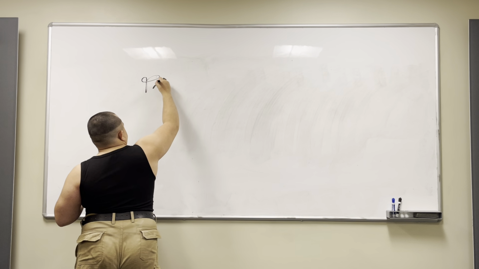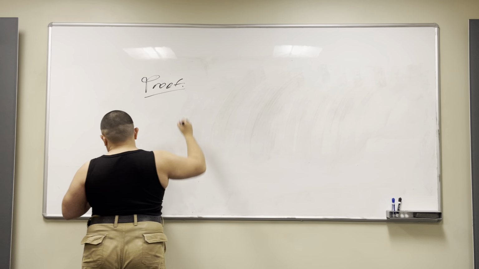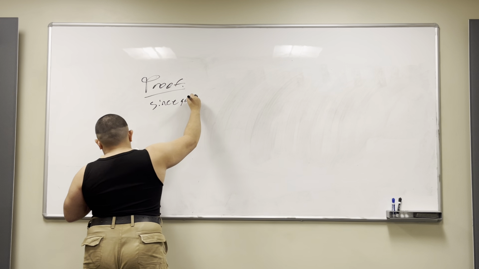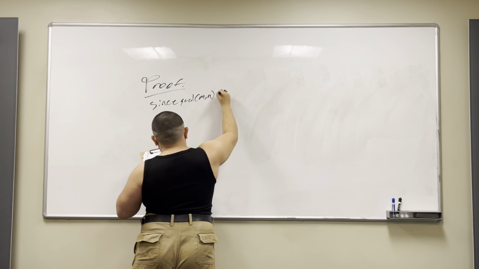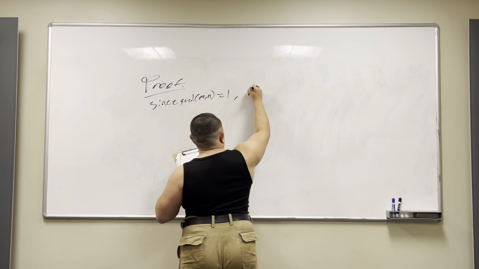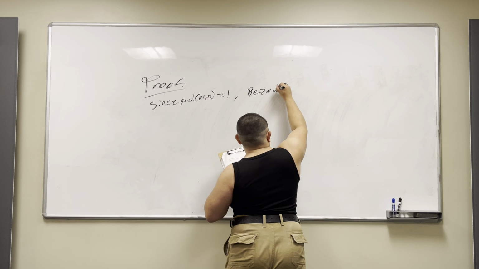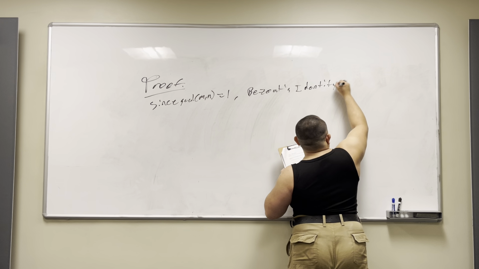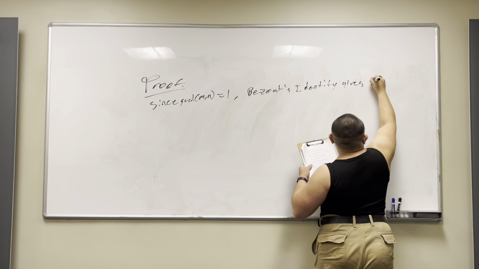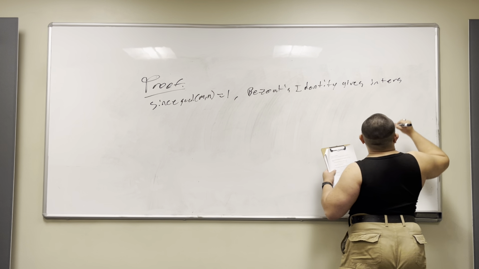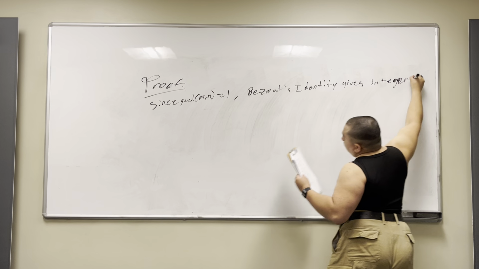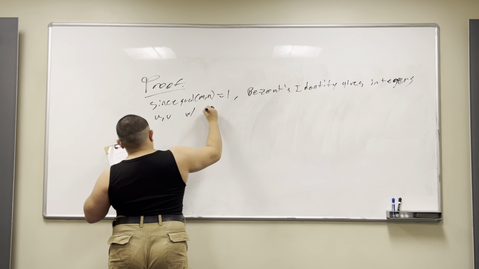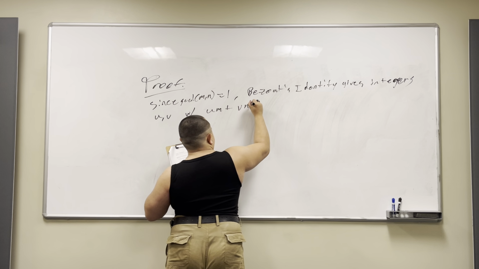Proof of this. Since the GCD of m and n is equal to 1, Bezout's identity gives integers u, v with um plus vn equal to 1.